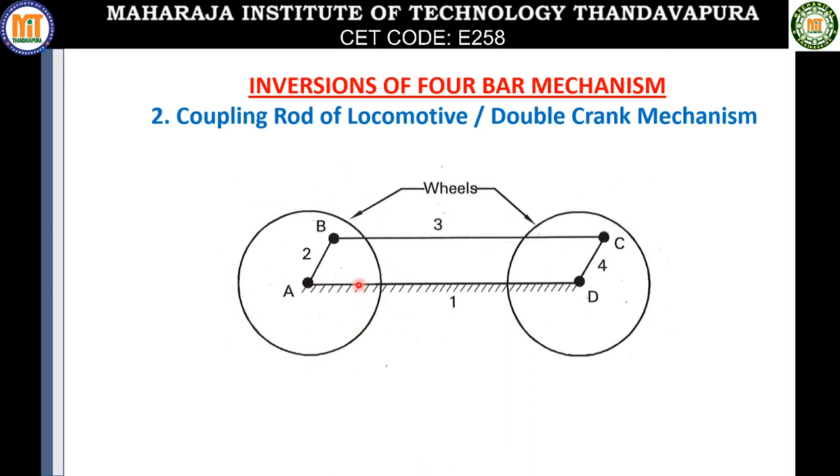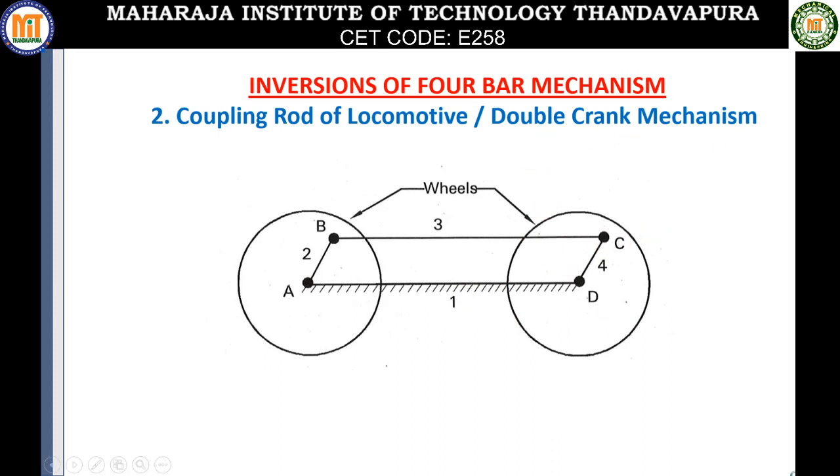These are actually the wheels. Whenever the link AB rotates about the point A, the link CD also rotates about the point D. Since both the opposite links 2 and 4 rotate, we get double crank here. That is why it is called the double crank mechanism.